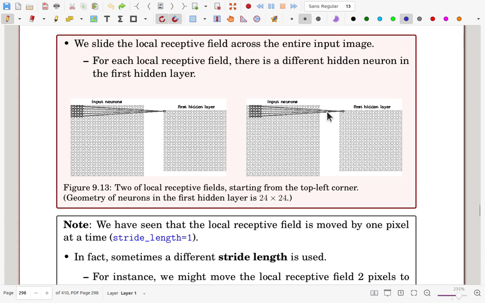After finishing this row, we start from here, go down one pixel and go through, and eventually we'll cover the whole image.